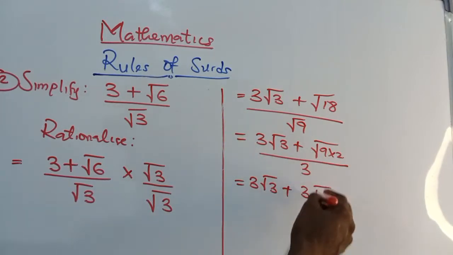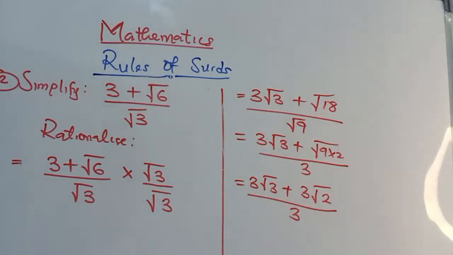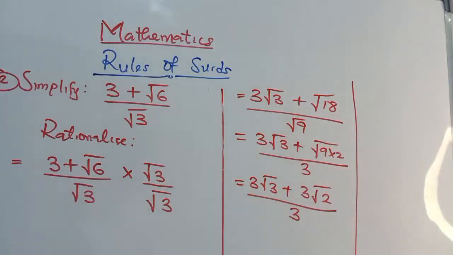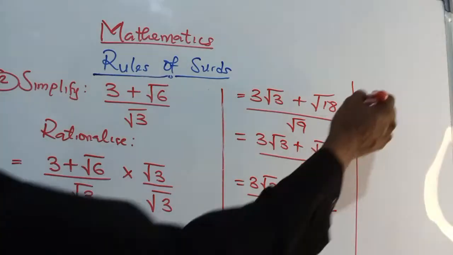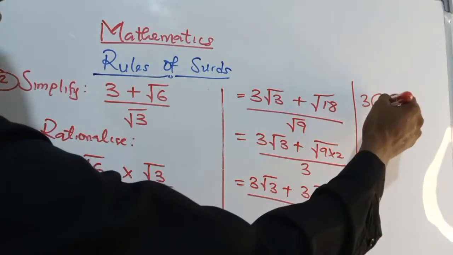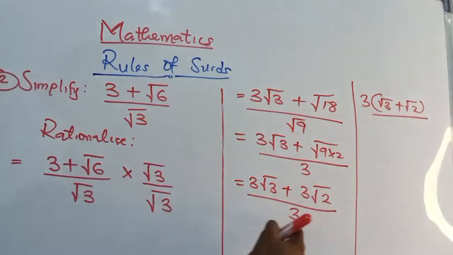We write it over 3. So the square root of 9 is 3, and that's 3 root 2. Now, if you look at it, 3 is very common here. We can factor it out. We have 3 times root 3, and then root 2, over this 3.